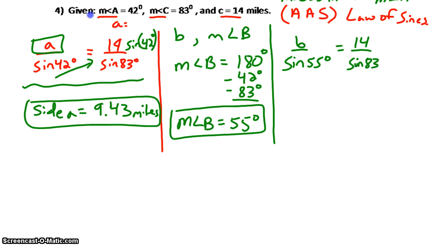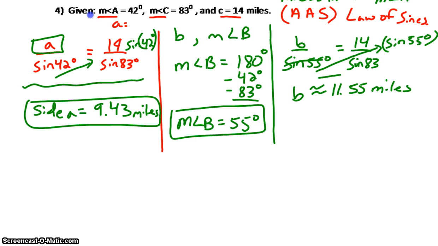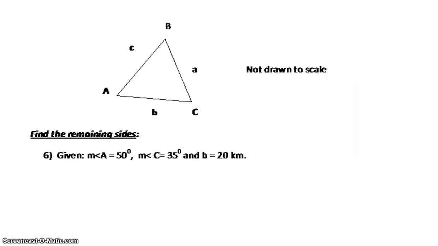And when I work this one out, I'm going to again cross multiply sine of 55 degrees, leaving me with the following, that B is approximately 11.55 miles. So I hope you had success with that.